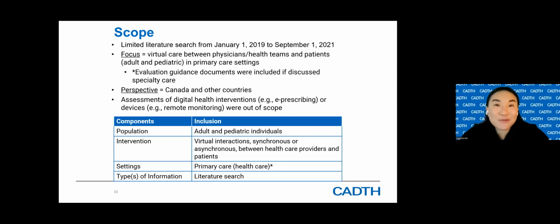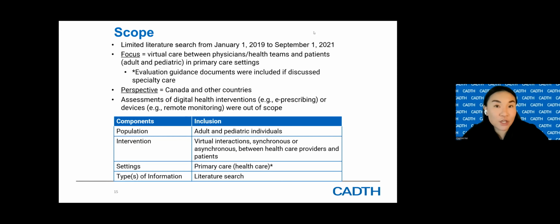So this environmental scan was informed by one literature search that was conducted from January 1st, 2019 to September 1st, 2021. And we chose to focus on virtual care between physicians and health teams and patients, both adult and pediatric patients in primary care settings. Although evaluation guidance documents were still included if they discussed specialty care.